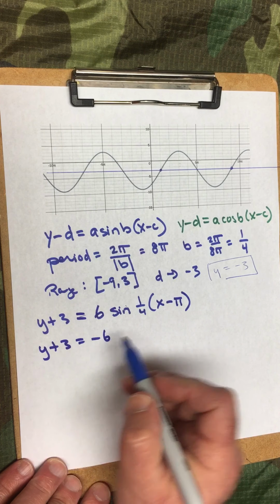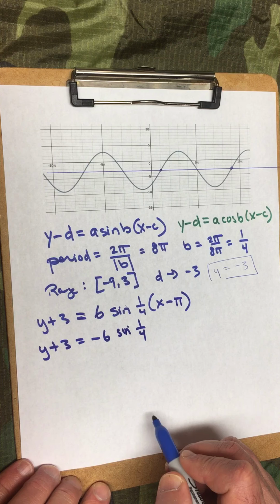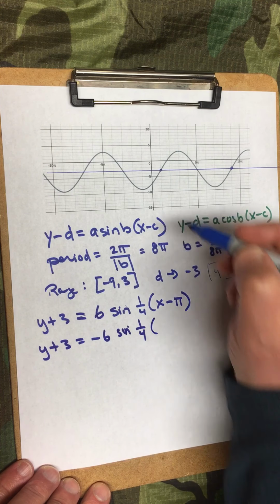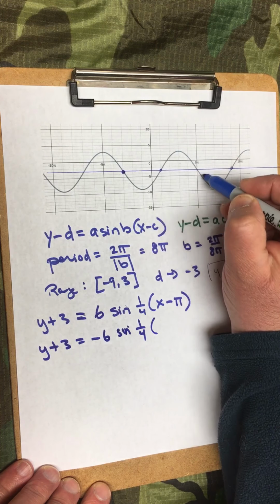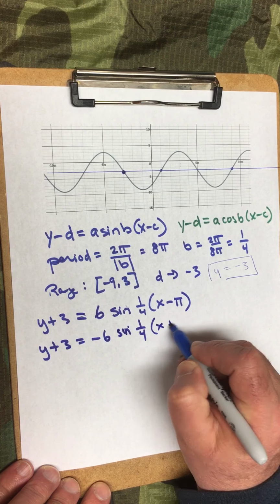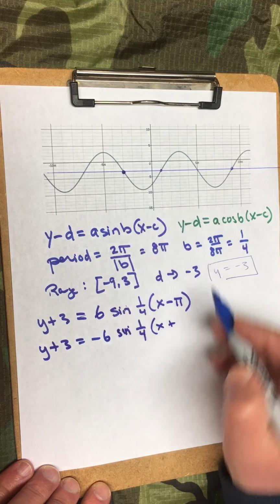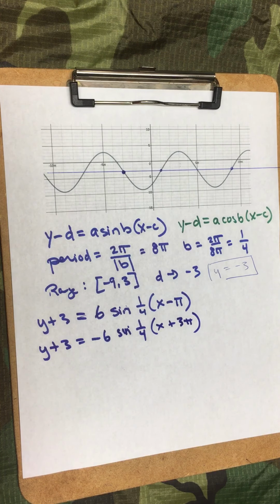Teammates, again, y + 3 has to stay the same. 1/4 has to stay the same because the length of a cycle is 8 pi. Now, teammates, let's incorporate this shift, meaning if I was starting here to be able to write this section, don't I need to shift left, add, how many pi radians? 1, 2, 3. 3 pi radians. And teammates, I've got my two sine equations.